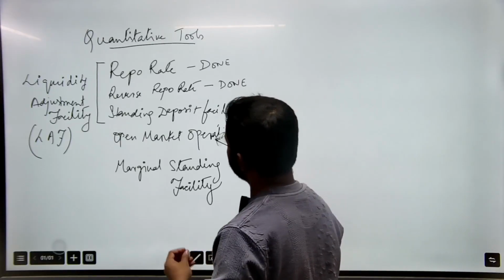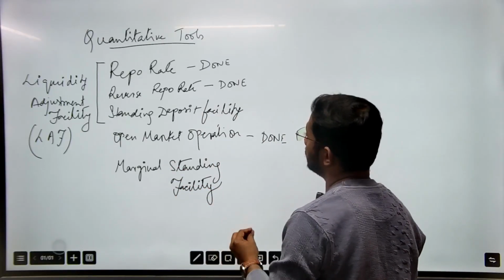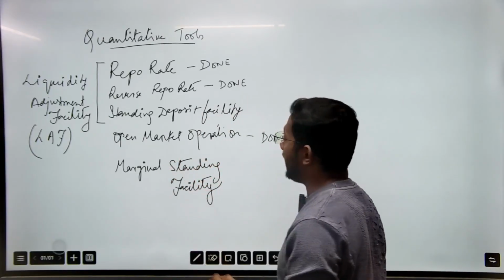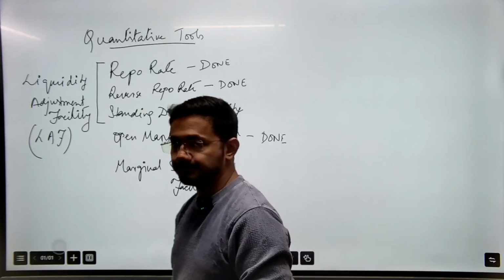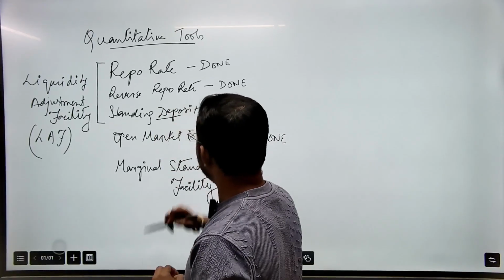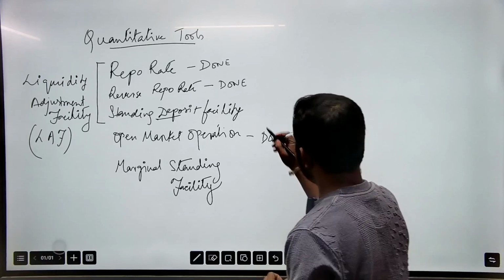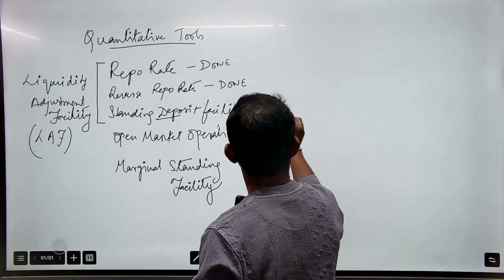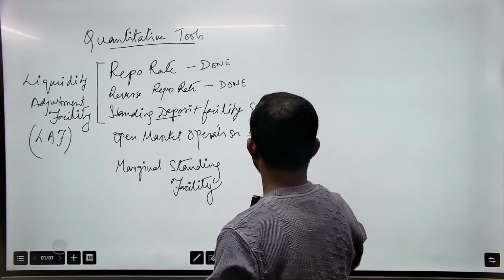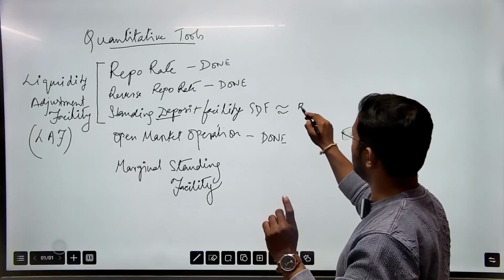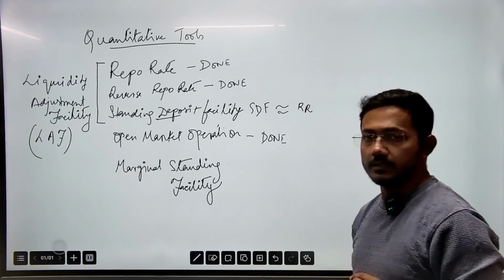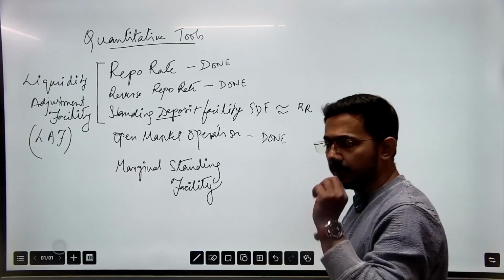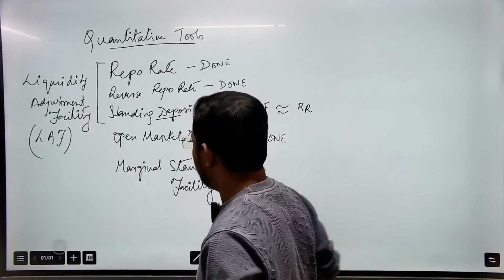Now here, first in this video, we will learn about what is standing deposit facility. Standing deposit facility, SDF in short, is equivalent, not equal, to reverse repo. It is equivalent, but there is a short difference.